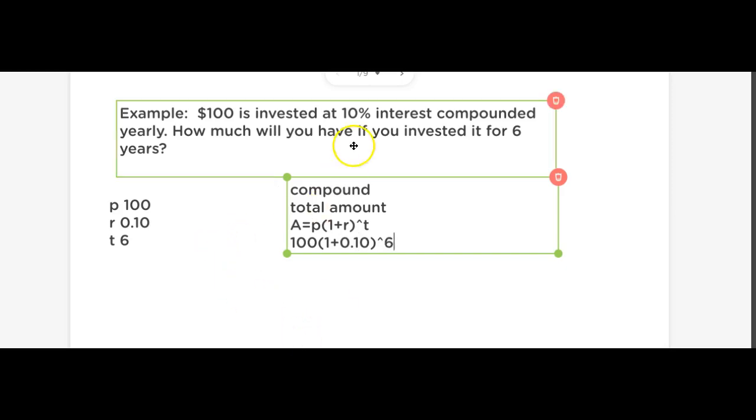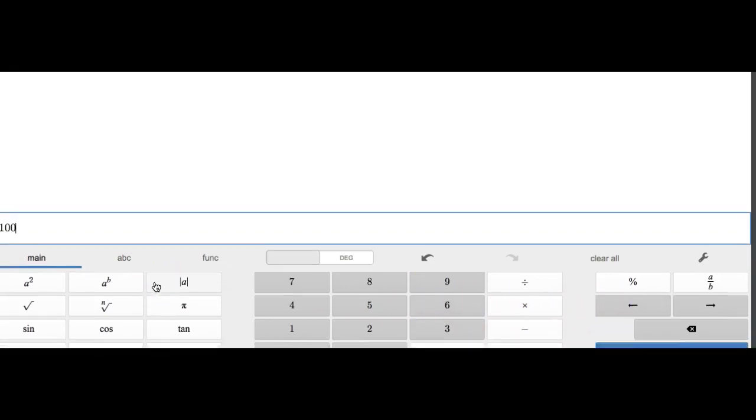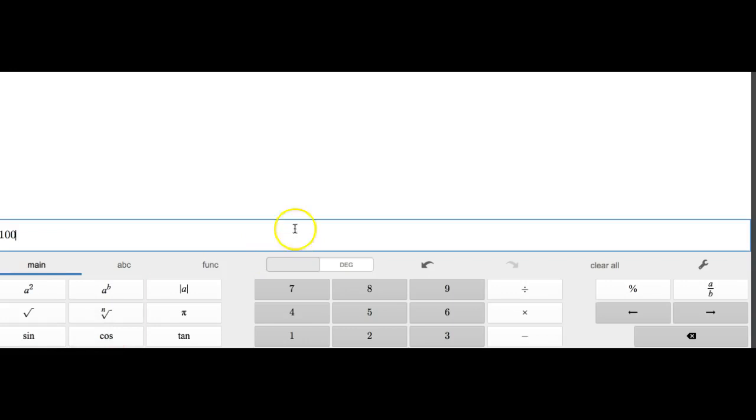Okay, let's go to my calculator. What does that look like? Well, we said 100, parentheses, and you guys can't see my parentheses, but I'm going to do my parentheses.